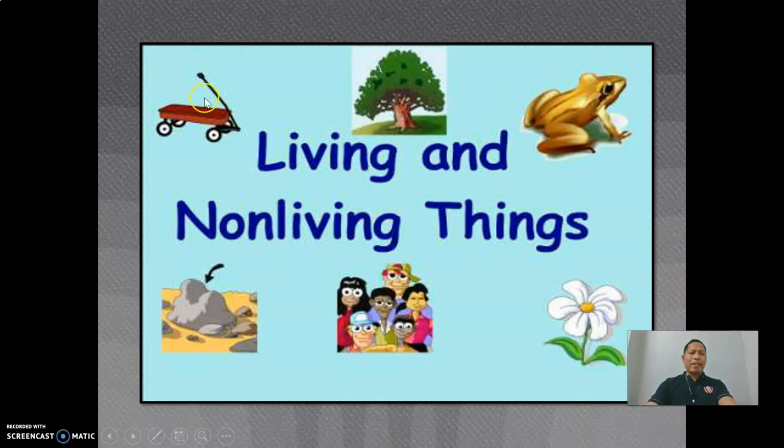Now the last one is a wagon. Is a wagon a living thing or non-living thing? What do you think? If your answer is living thing, you're wrong, because this is a non-living thing. Okay.